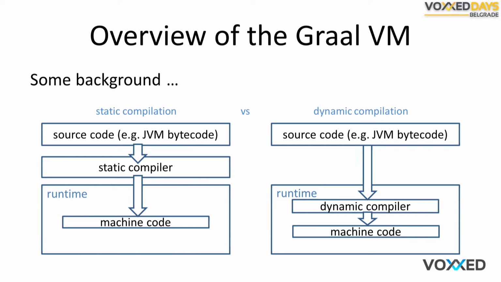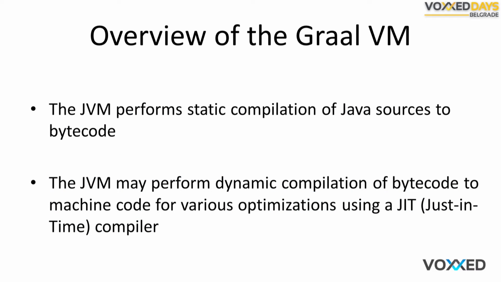The Java virtual machine, as probably most of you know, combines static and dynamic compilation. Statically we compile Java source code to intermediate bytecode, and at runtime, if the JVM decides that it can optimize this bytecode to machine code, it compiles it. However, it can also de-optimize this runtime compiled code.